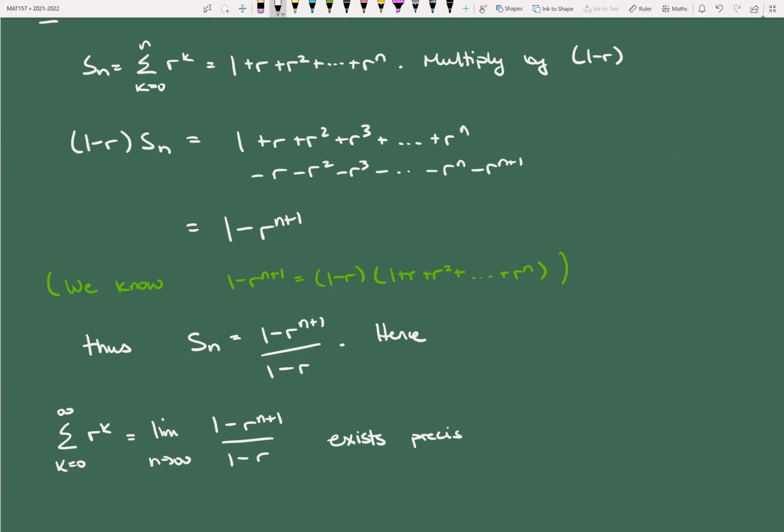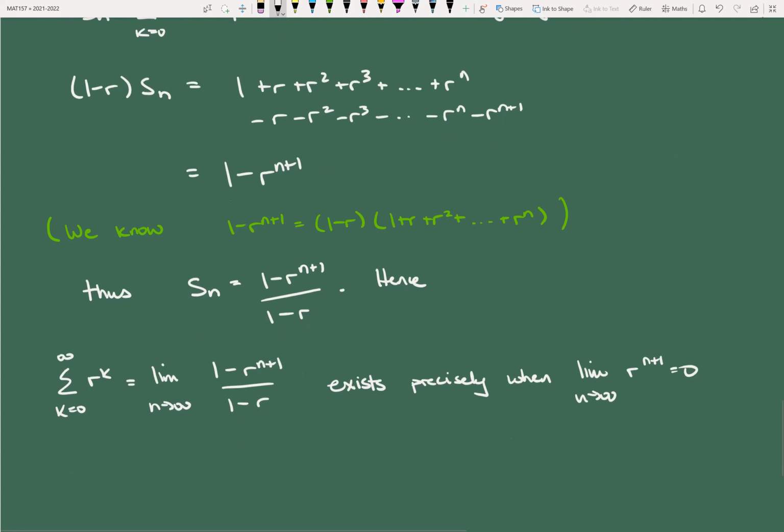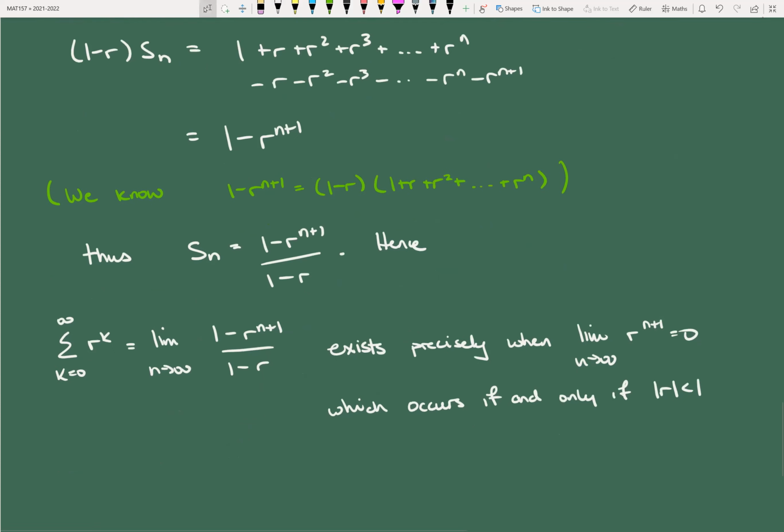That is, when the limit as n goes to infinity of r^(n+1) is equal to 0, which occurs if and only if the absolute value of r is less than 1. And in that case, the r to the n plus 1 term goes to 0, which gives us our answer.